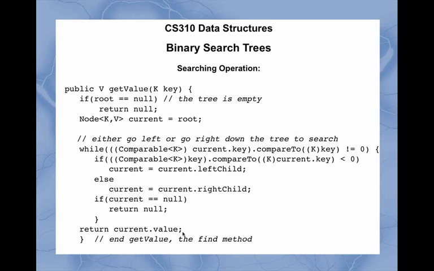The difference here with the linked lists is we do not have while current's not equal to null. We know that current's not equal to null because we tested for it here. Therefore, as we enter the while loop, we know it's not possible that current is null. It must point to a valid node. So we compare that key to the one we're looking for, and then we either go left or right as needed.